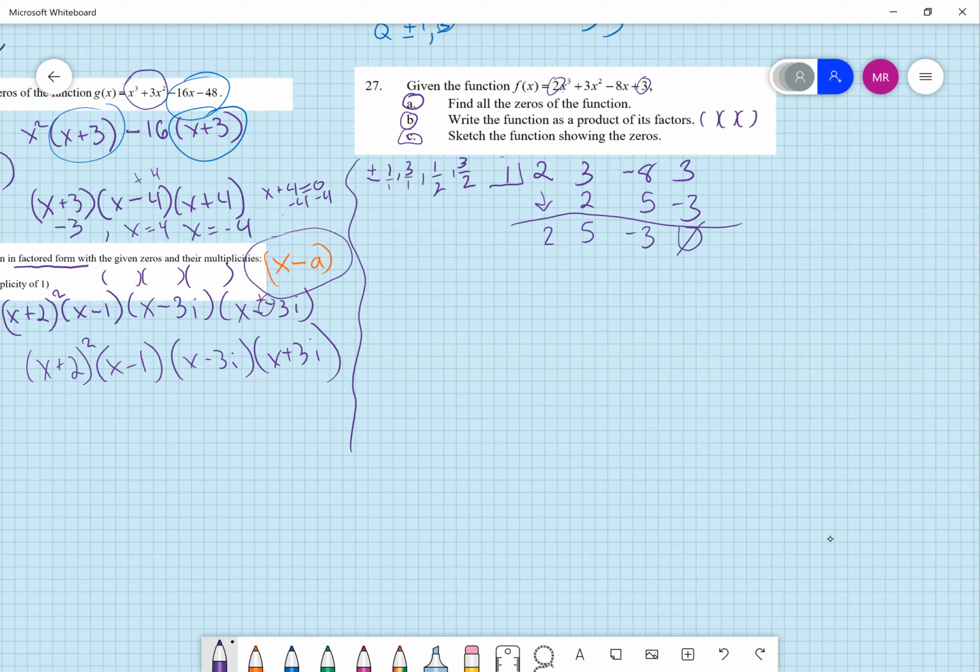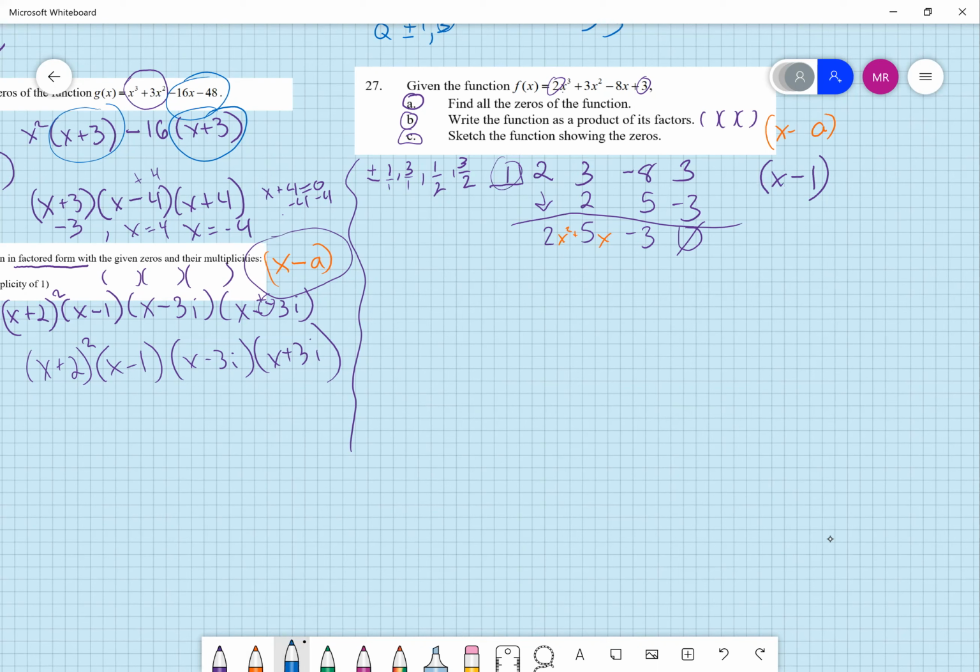So we know that 1 is a root. So that's great news. And that's x minus 1, because we still use that form of x minus a. And we can continue using synthetic division here, because we've taken care of one of the x's, so this is the same as 2x squared plus 5x minus 3.